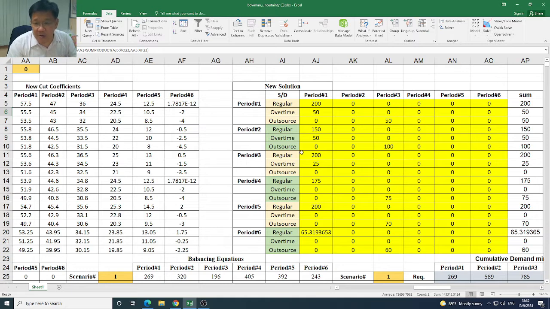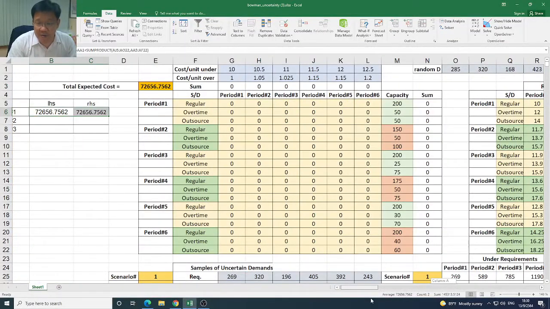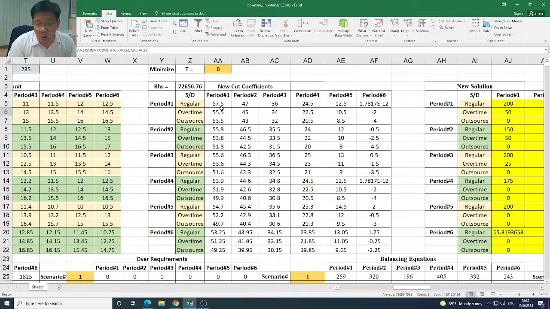You still don't know whether this solution is better than the previous solution until you put it in to replace the old solution. But be careful not to replace it immediately, because once you replace it, your old cut coefficients will be gone, since they're linked to the formula here. It's not as convenient as the one dimension example we did, because your xij is now in both row and column.